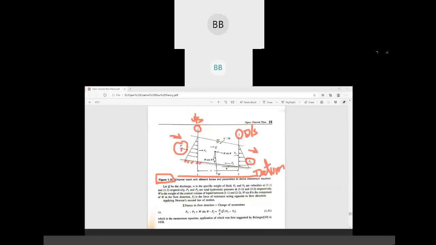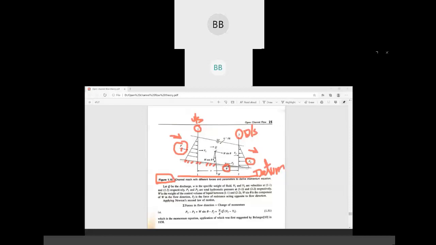If this is your perpendicular, then it will make some angle with your bed of the channel, as your bed of the channel and your datum line are not parallel. And this theta is nothing but your slope, or you can say bed slope of the channel.